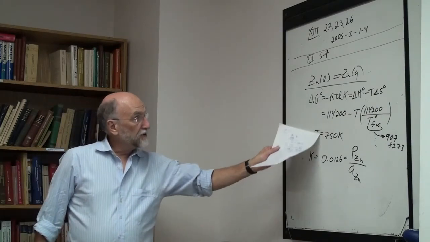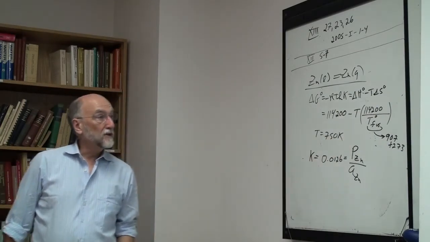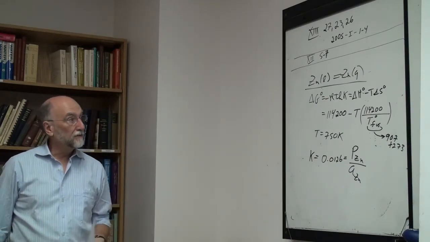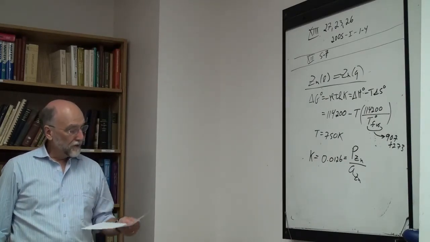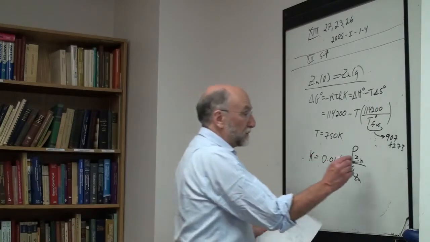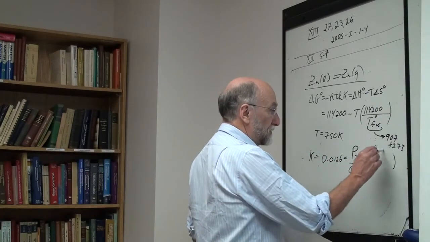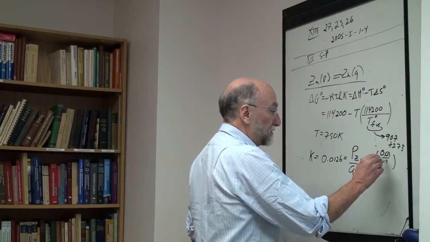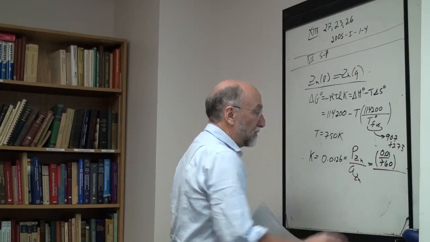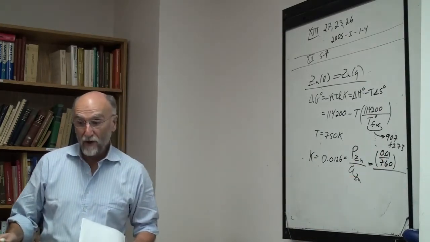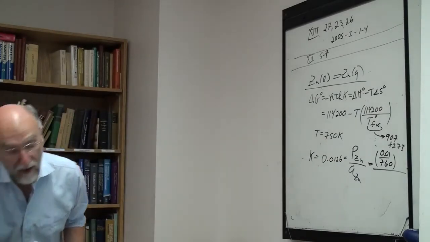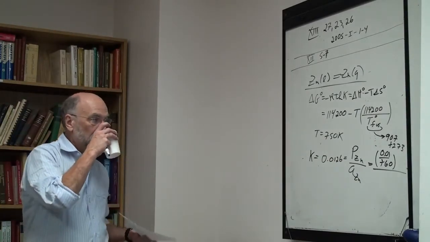The equilibrium constant is obtained from the equilibrium boiling point and the heat of vaporization. Now you want the partial pressure of zinc to be 0.01 torr, so this is 0.01 divided by 760. Remember, partial pressures in equilibrium constants always have to be expressed in bar, or atmospheres.